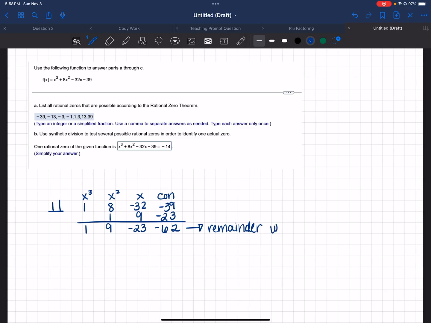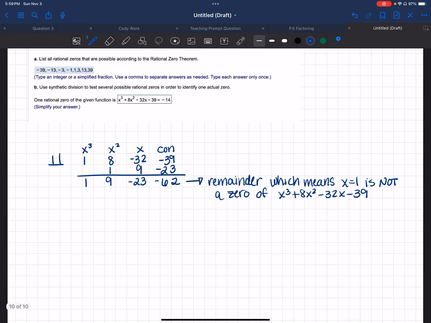which means x equals 1 is not a 0 of x cubed plus 8x squared minus 32x minus 39.